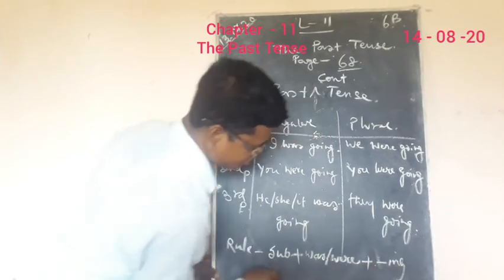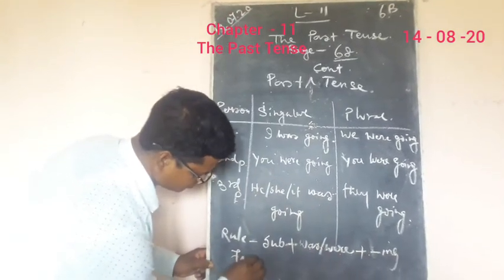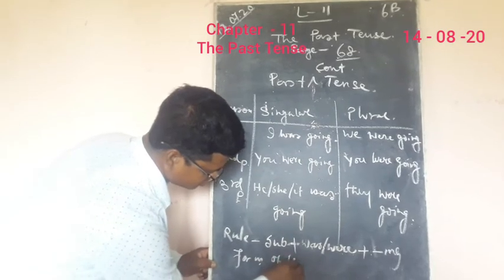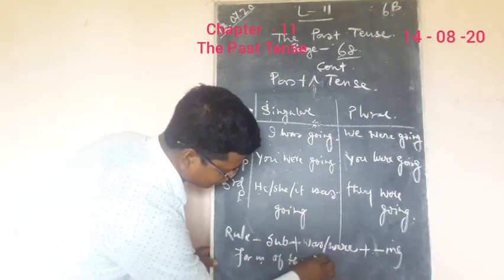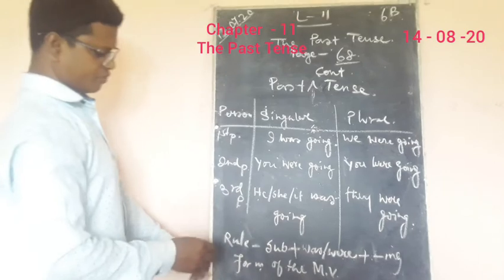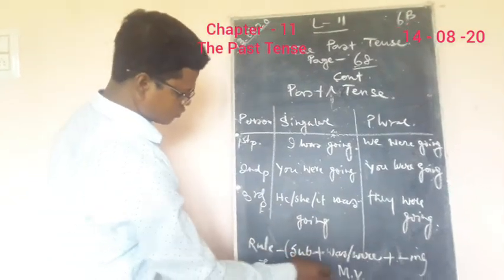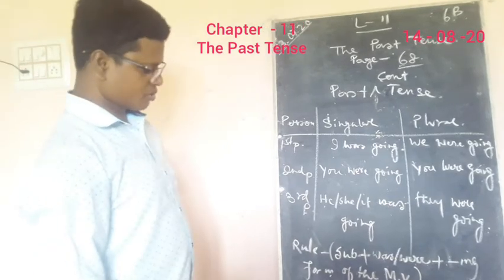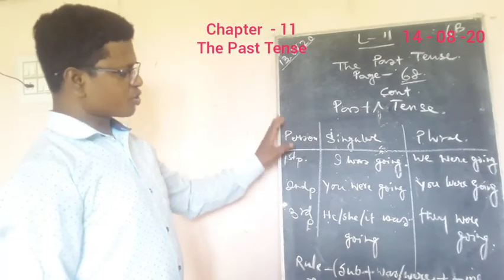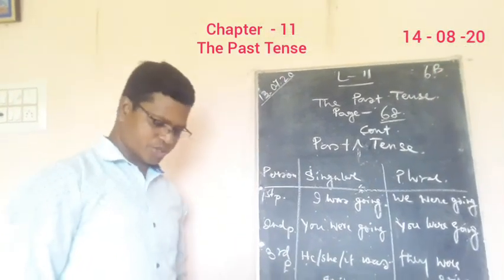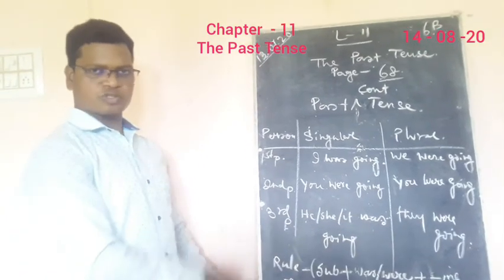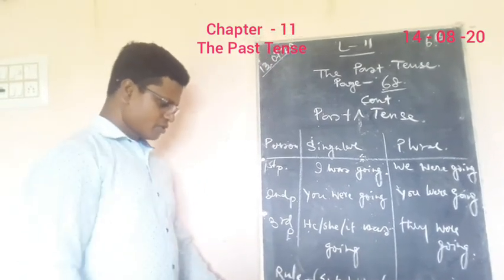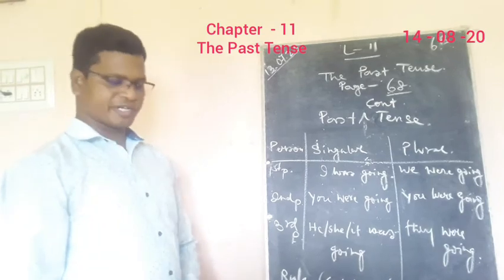MV stands for main verb. So this is what we should remember when we talk about the past continuous tense. So dear students, I ask you to learn all this chart. If you do this, there can be fewer mistakes in your writing.